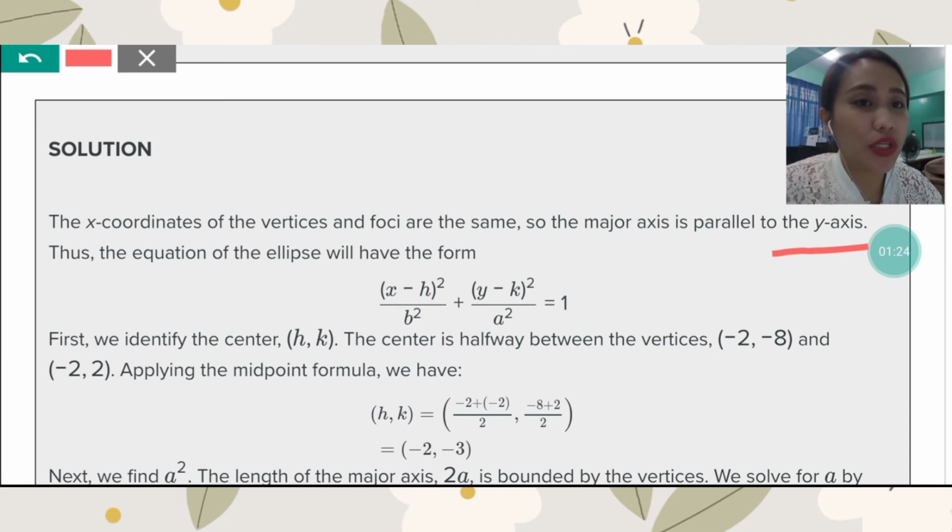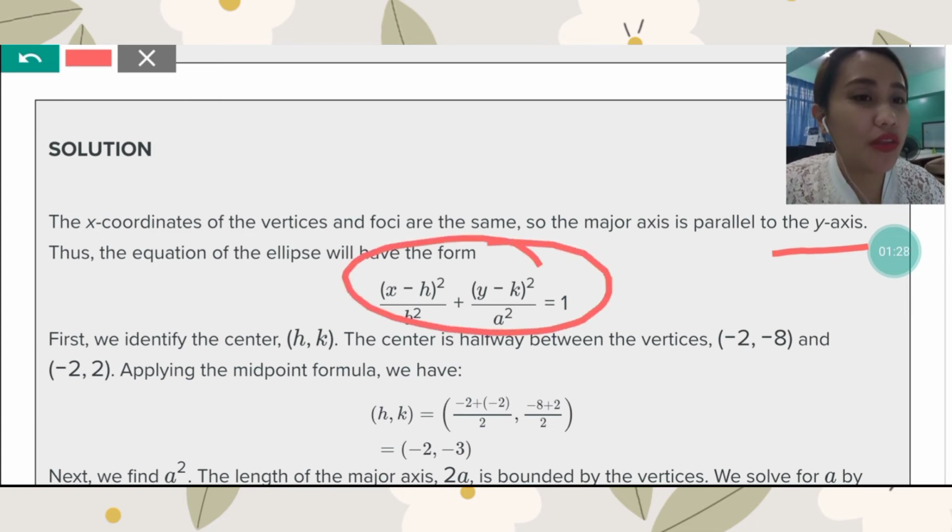Thus, the equation of the ellipse that we will be using will be of this form: the quantity (x minus h) squared over b squared plus the quantity (y minus k) squared over a squared is equal to 1. First, we identify the center (h, k).